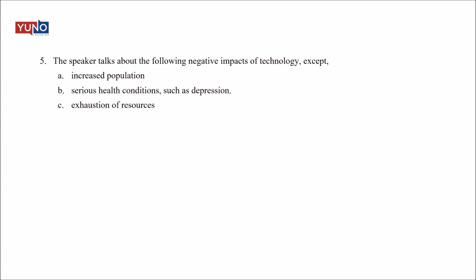Now, let's consider some negative impacts of technology. 1. Technology has led to depletion of resources. With ever-increasing demand for advanced technologies, a lot of pressure is being put on the earth. 2. Technology has increased population. Now, people live longer with increased medical facilities. 3.